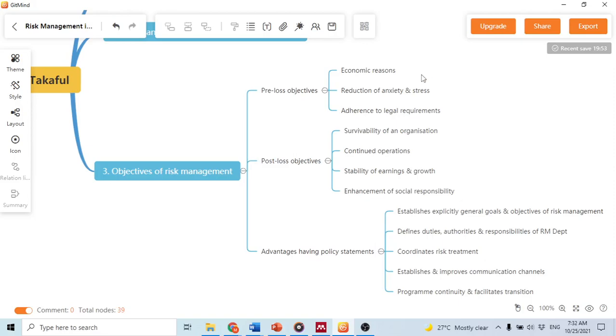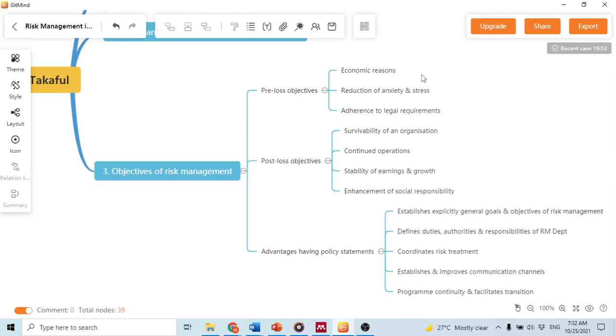Mechanisms should be instituted to analyze the different types of costs faced by the organization, such as the cost of takaful premiums and the cost of safety programs. So the economic reason is basically a balance between the cost of having a takaful and the cost of having safety programs.